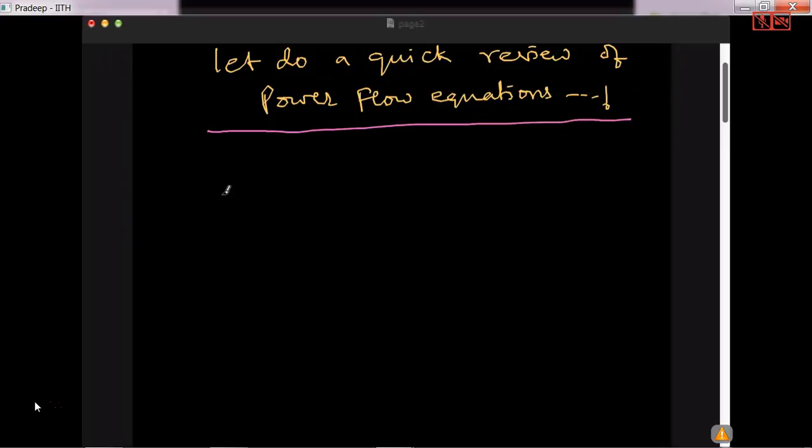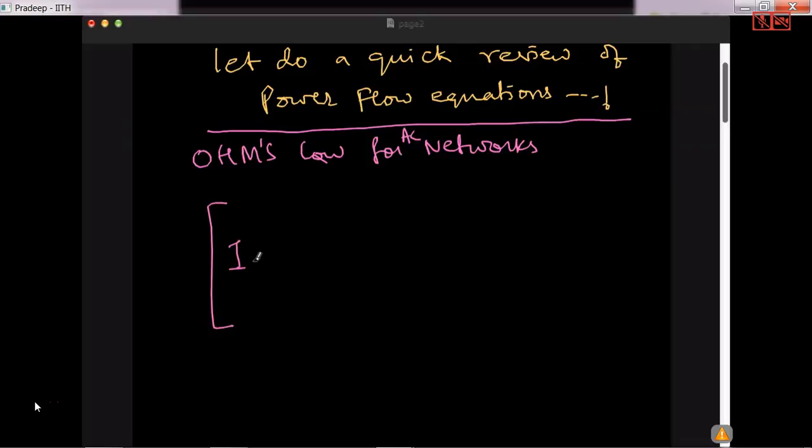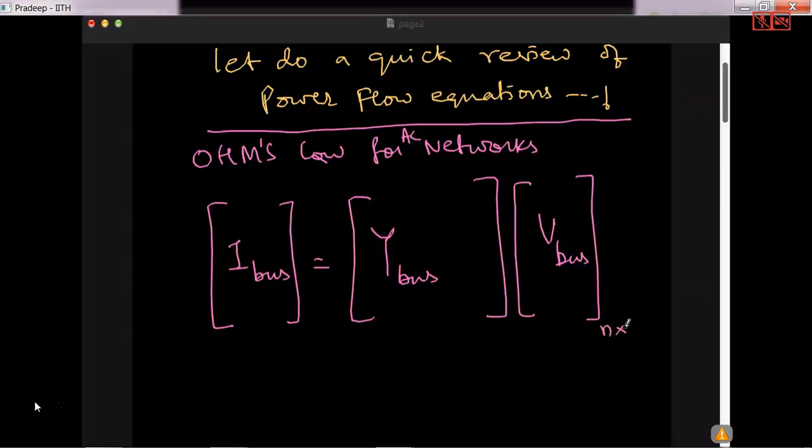So let's do that. Ohm's law for networks, with AC networks. So what you get? I bus equal to Y bus times V bus. Seen many times. So this is n rows one column, this is n rows n columns, and this is n rows one column, where n is the size of the system.